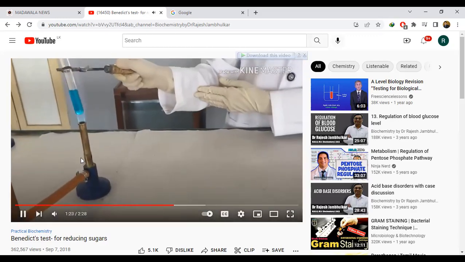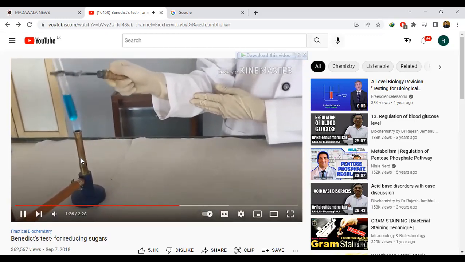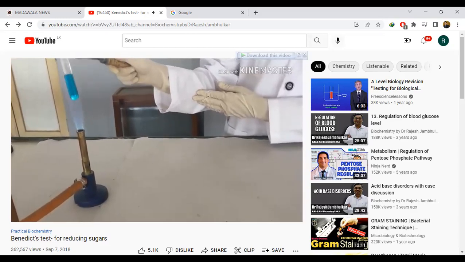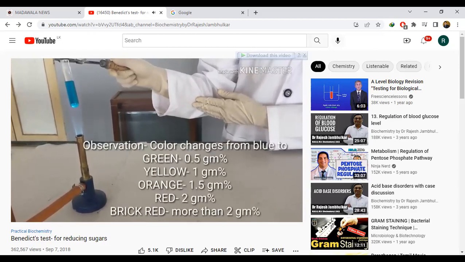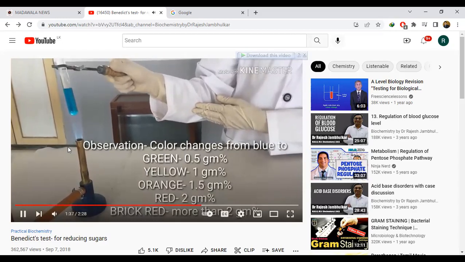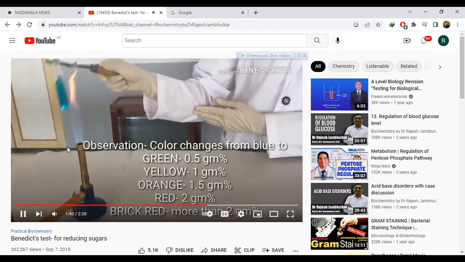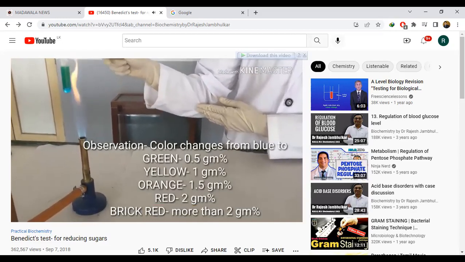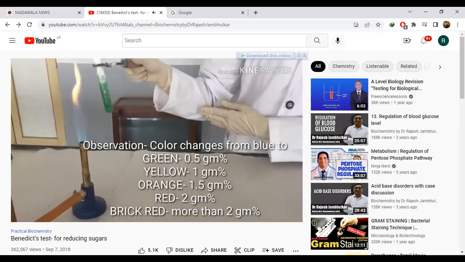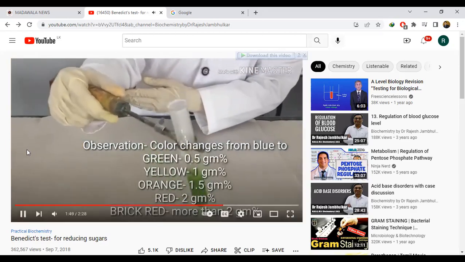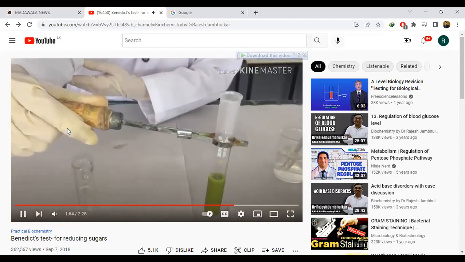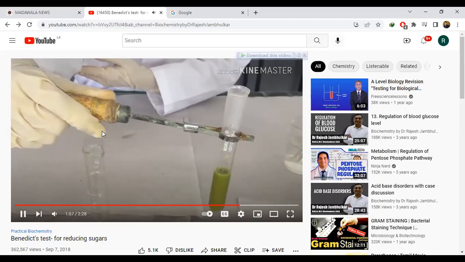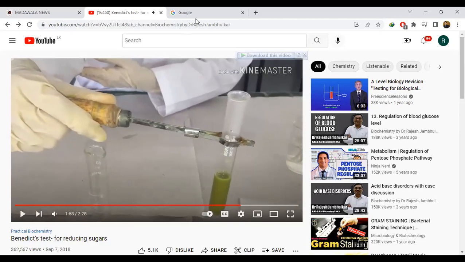Brick red color, for approximately 1 minute. There is a formation of a color change which indicates the positive Benedict test. Right. So this is what we want to discuss here.